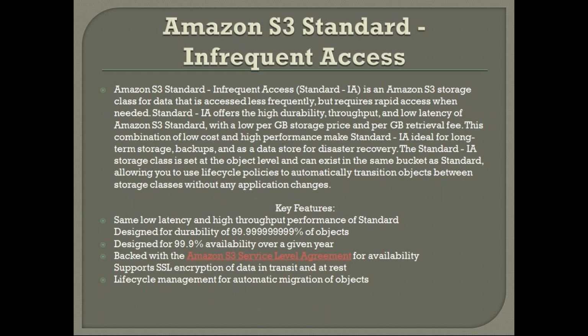Those old films can be stored here for long-term storage, and even backups can be stored here. For example, if you want a whole system to be backed up at a particular period of time, that backup can be stored. So these are infrequently accessed data.